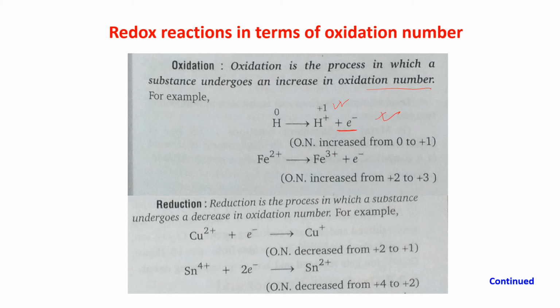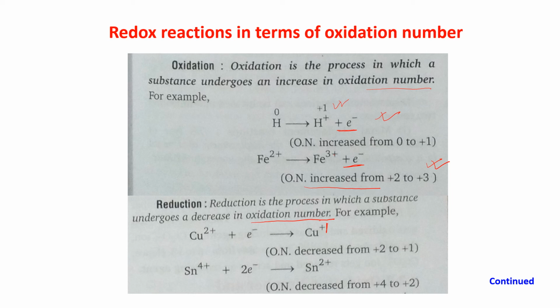Fe2+ to Fe3+. How will it form? By adding 1 electron. So 2+ to 3+ is an increase in oxidation number. So this is oxidation. Reduction is a process in which a substance undergoes a decrease in the oxidation number. You see Cu2+ going to Cu+.